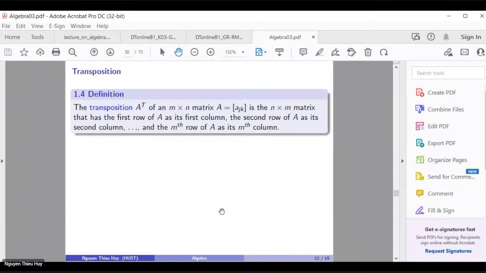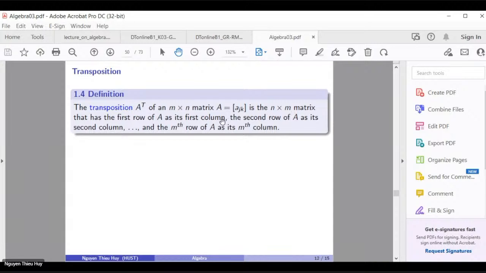The operation is the transposition of A. Given a matrix A, the transposition AT of an m by n matrix A is the n by m matrix, so there is an interchange between the number of rows and the number of columns.